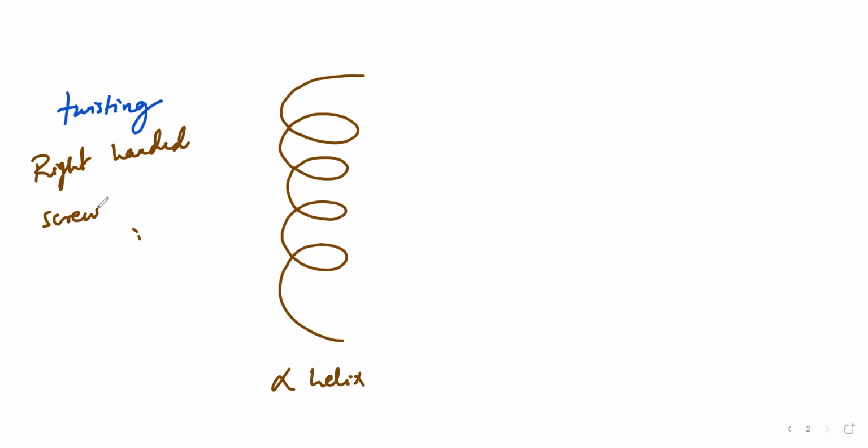And the best example of the alpha helix is keratin. Now, what is this keratin? It's a protein which you will find in nails or, say, hairs. Okay, so this is the first structure, which is the alpha helix.